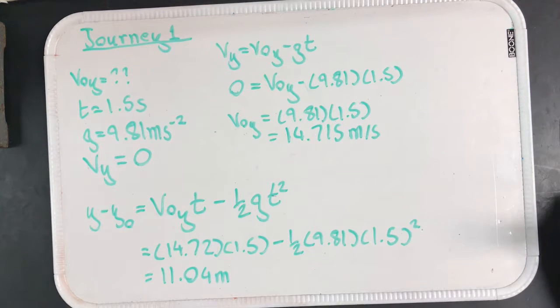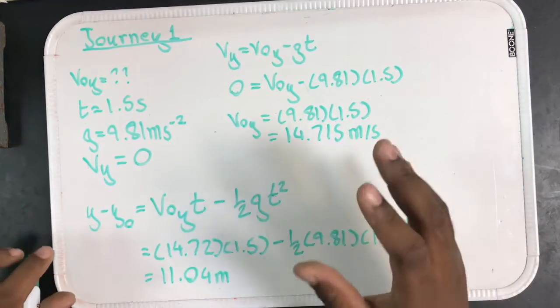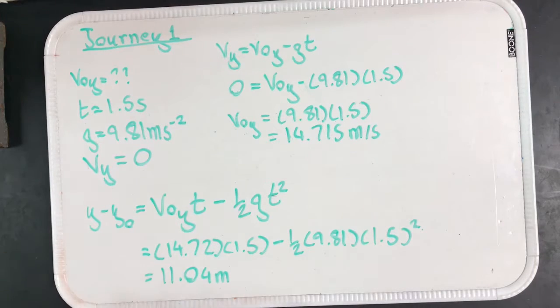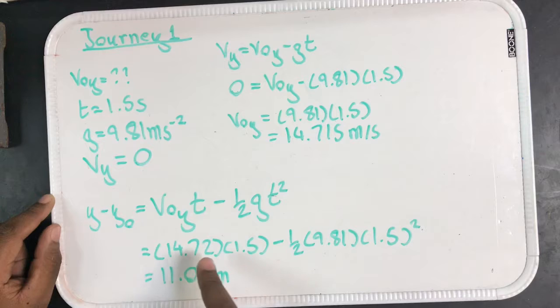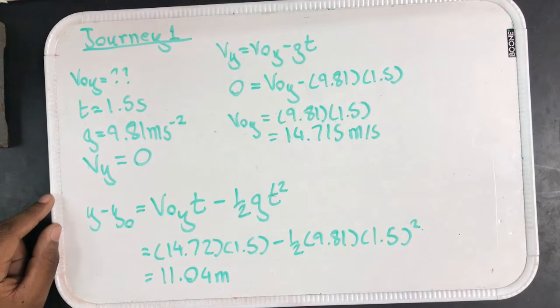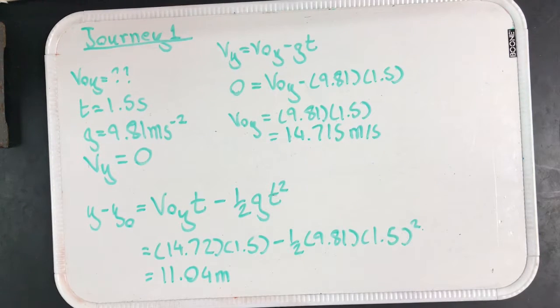And we know that when it's at its maximum height, its velocity, the instant it reaches that maximum height, is 0. And that enabled us to find its initial velocity, the velocity that it was initially thrown with. And from that, we were able to find the height after it travels for 1.5 seconds. And we know the distance traveled after 1.5 seconds is equal to its maximum height.